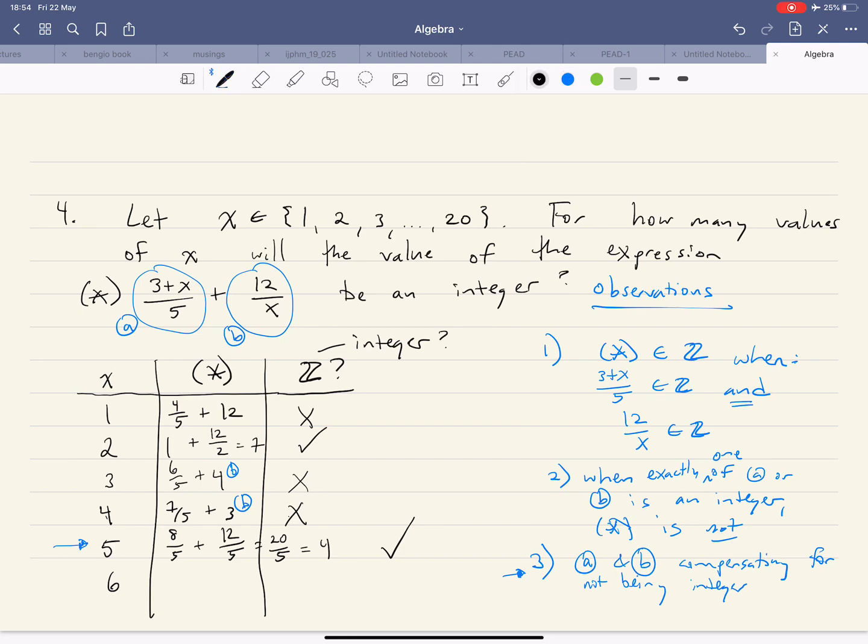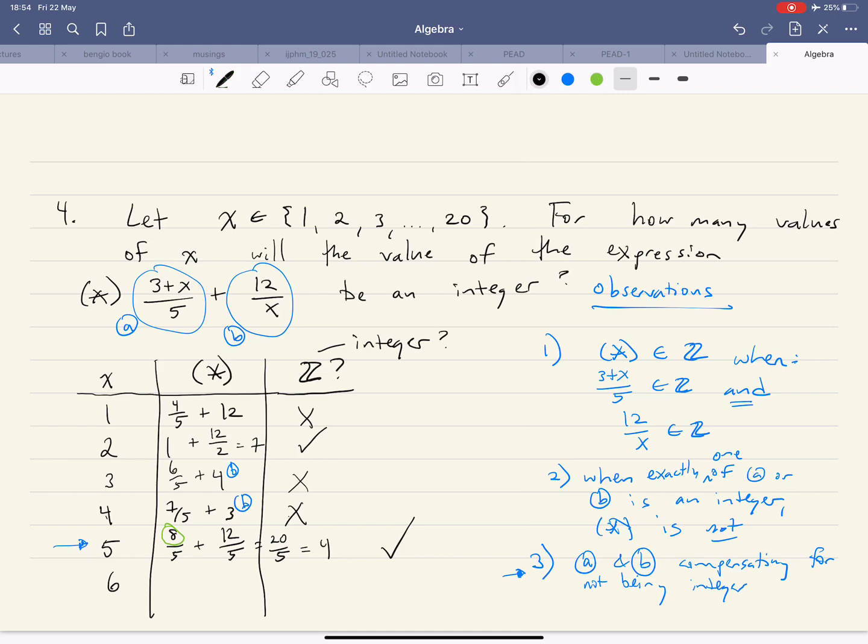Now we input 6, and when we do this, we just get to increment this numerator here, right? We've increased x by 1, so we'll increase that numerator by 1.